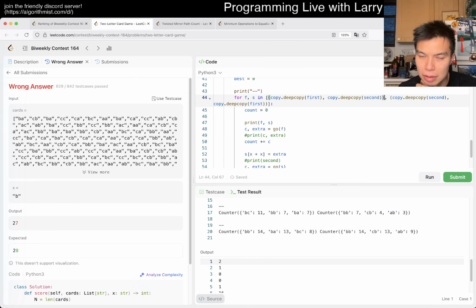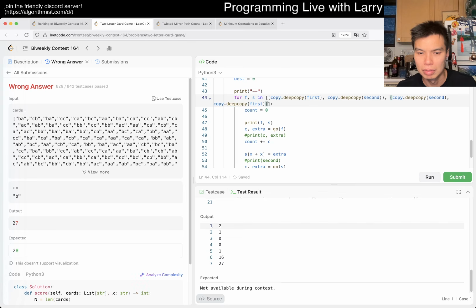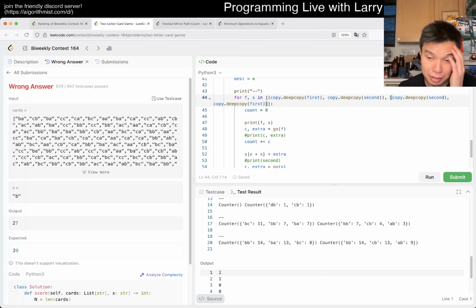Did I mess this up? Does it only... Why? Also, this doesn't even look right. Okay, that's not the F in a second. Oh no, that looks probably right.